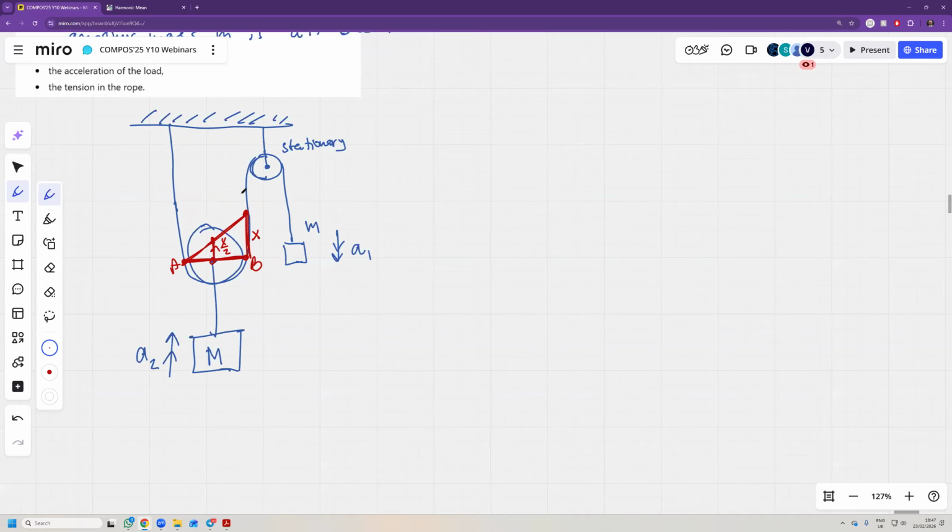So that's the idea of a movable pulley. It's the same as a lever. If you move this end of the lever by 10 centimeters, this only raises by 5. So hopefully that makes sense. So the constraint is A2 is half of A1.